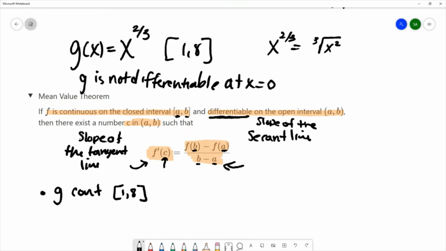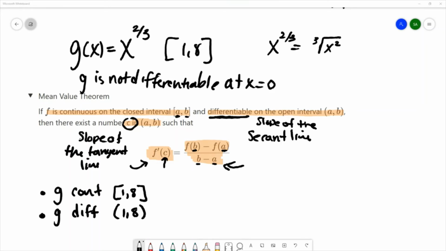So even though g is not differentiable everywhere, on the interval that we're interested in, it is differentiable. So g is differentiable on the interval from 1 to 8. So this function has met the conditions of the mean value theorem, and we can proceed in finding that value of c that is guaranteed by the theorem.